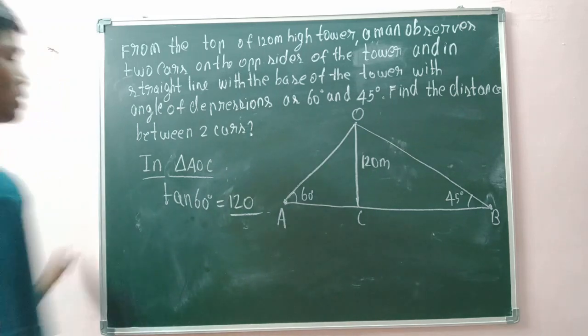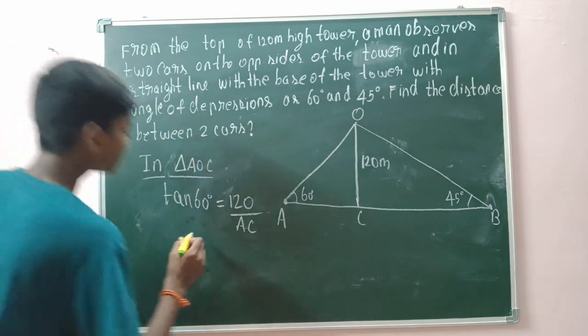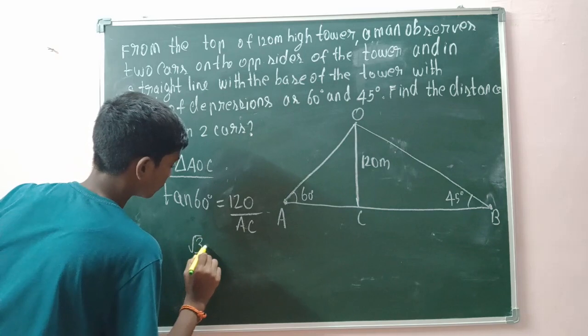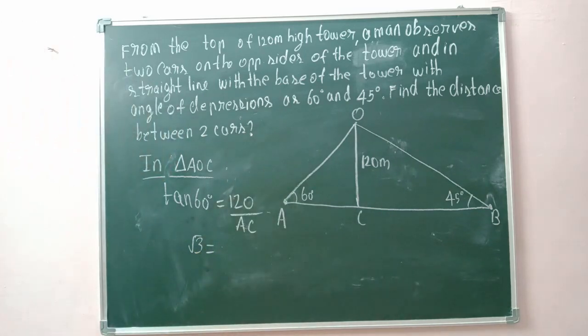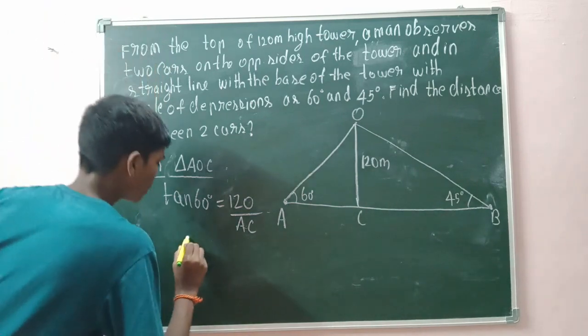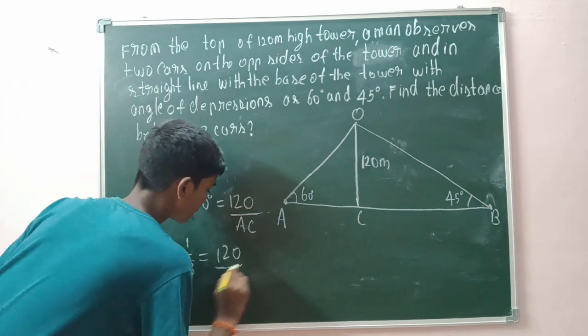Let this be AC itself. What is tan of 60 degrees? Tan of 60 degrees is root 3. So root 3 equals 120 by AC.